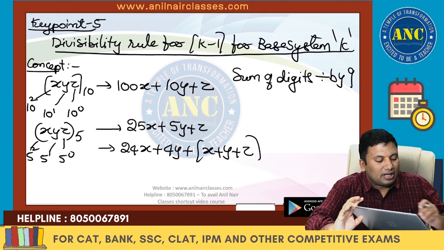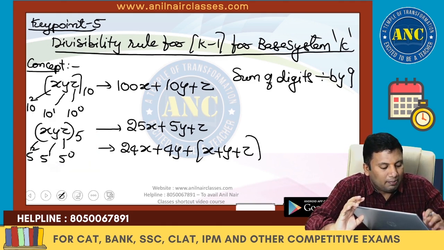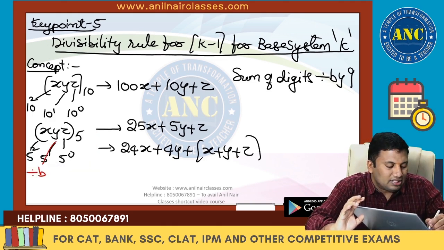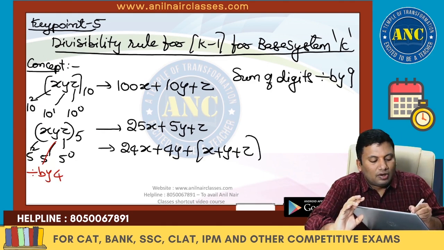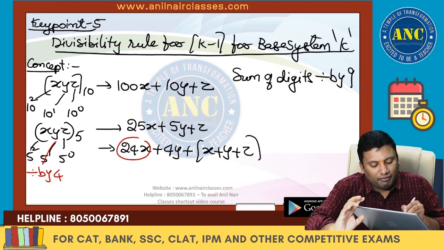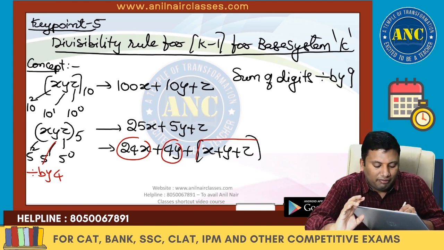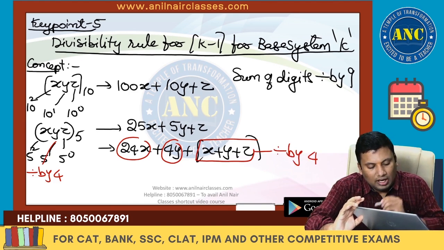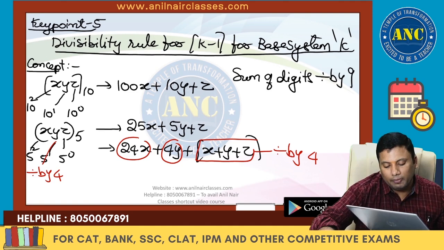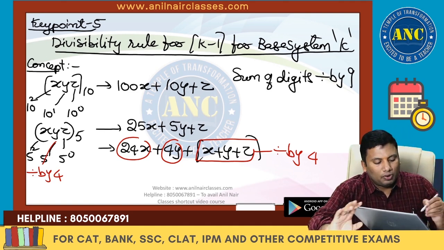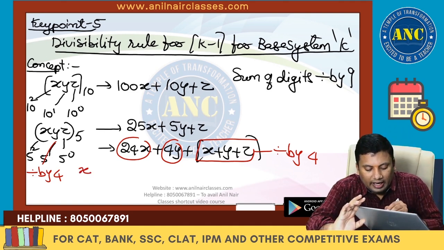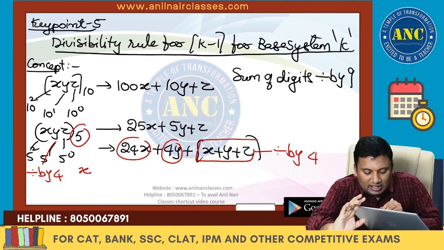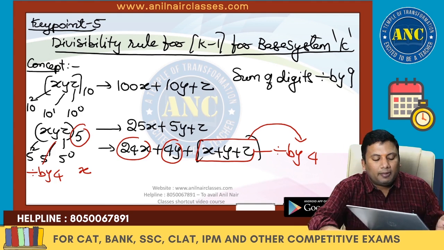Now if you observe carefully, for x, y, z in base system 5, if this is divisible by 4, since 24 is divisible by 4, x plus y plus z should be divisible by 4. I hope you got the idea, right? Again, for 5, the sum of the digits should be divisible by 4.